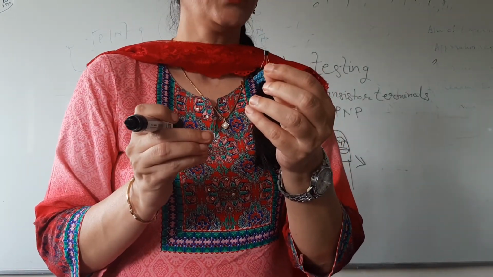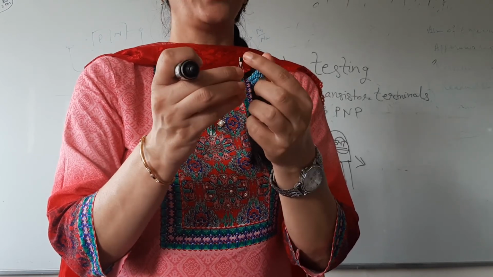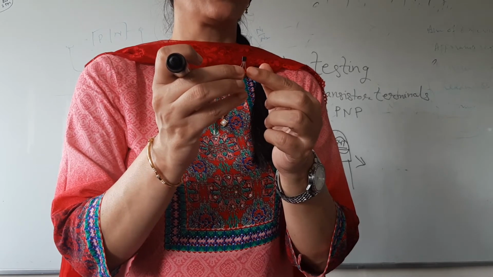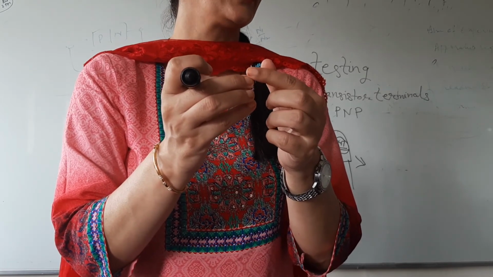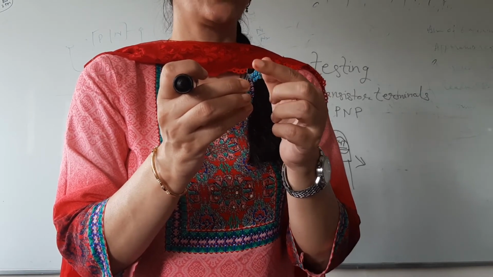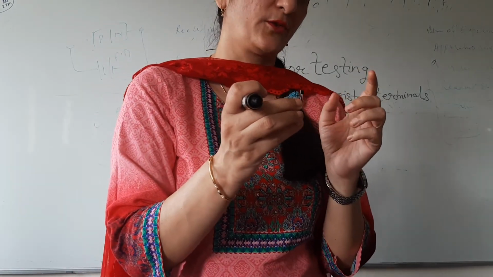Now, if you face the flat side towards yourself, then the rightmost terminal is your emitter, the middle one is the base, and the leftmost is the collector. Okay, all this is specified on the specification sheet by the manufacturer.